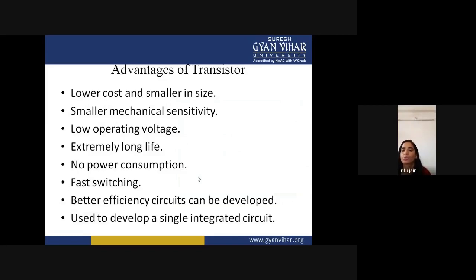It is also used to develop a single integrated circuit, which is a very important advantage of the transistor, because in many circuits you see very complicated circuits on a single chip. So the transistor has a very big role in integrated circuits, or ICs, because there are n number of transistors used to make an IC.